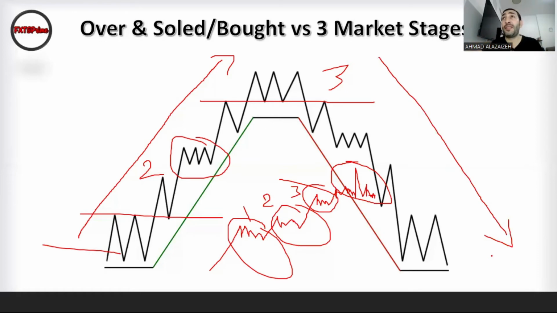In gold, it's $10 to $25 to complete the market stages. However, there is a specific condition, a very rare condition, where gold will move more than $25 and will move $60 and $70. At that time, you will see that a big movement is happening. So you need to wait until you see the formation of a reversal pattern.